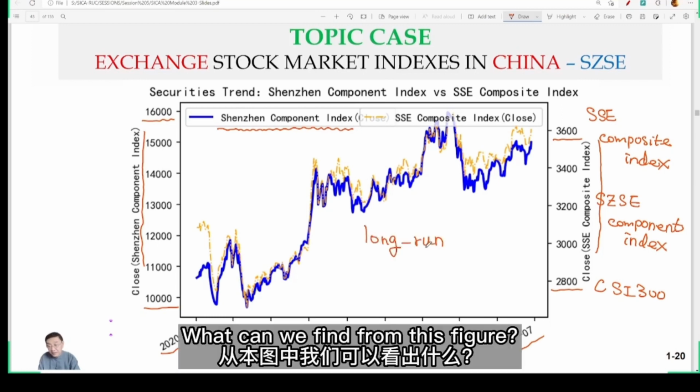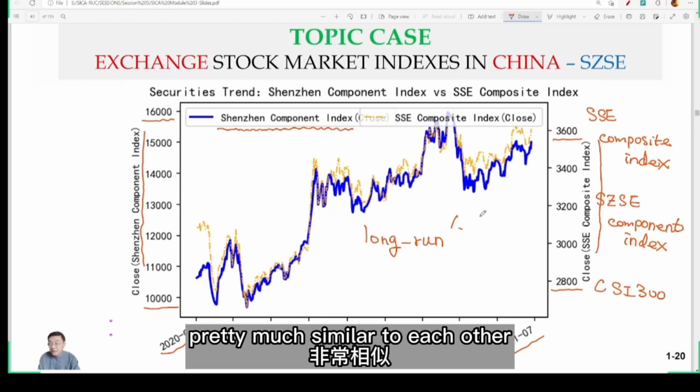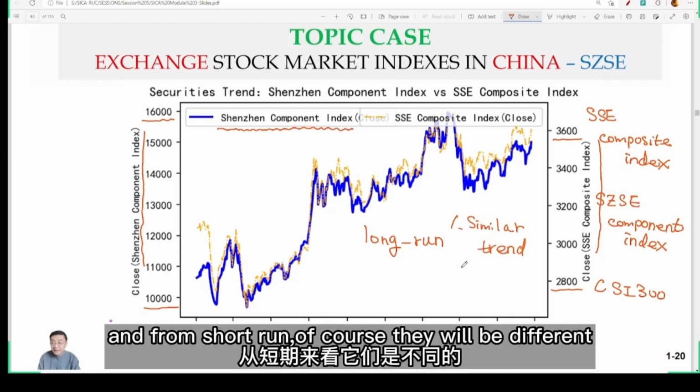What can we find from this figure? First, we find that from the long run, the trends are pretty much similar to each other. Similar trend. And from the short run, of course, they will be different.